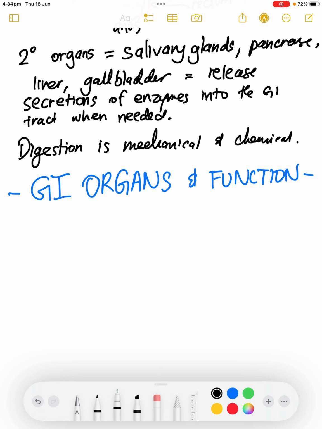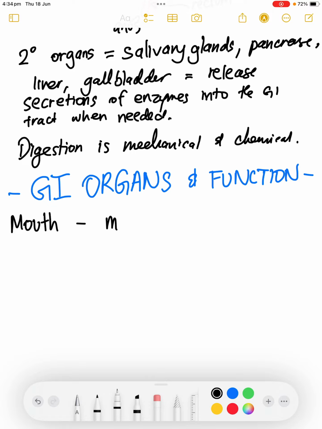So these are the GI organs, and we'll have our primary ones that we'll go through, and our secondary ones too. So just going through it firstly, we've got the mouth, and the function of the mouth is mastication, which is your teeth breaking up food into smaller pieces, increasing the surface area.